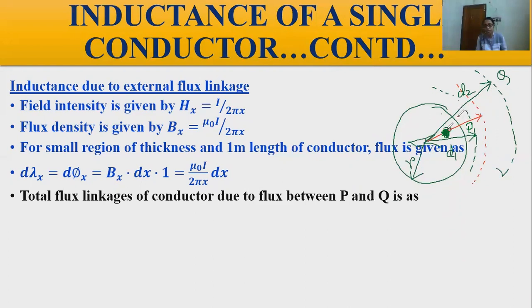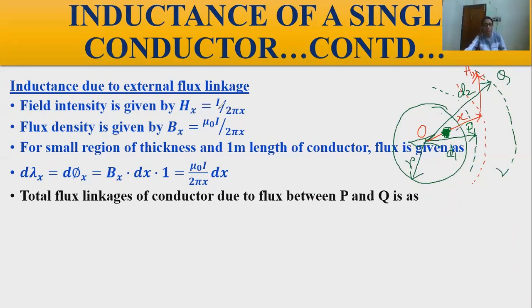Suppose this one is at a distance x from the center of the conductor, that is denoted by O here. And same as before, the field intensity will be in the tangential direction at this point, and the field intensity is given by Hs equals I divided by 2 pi h.